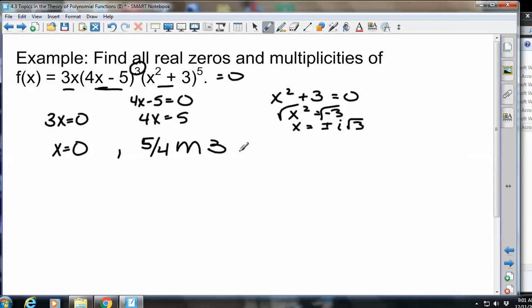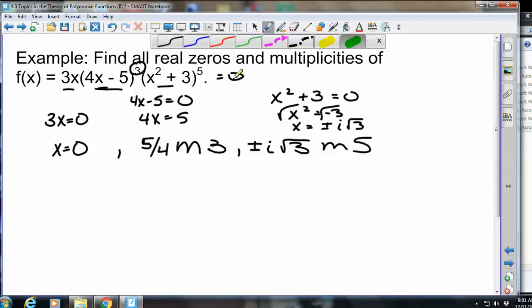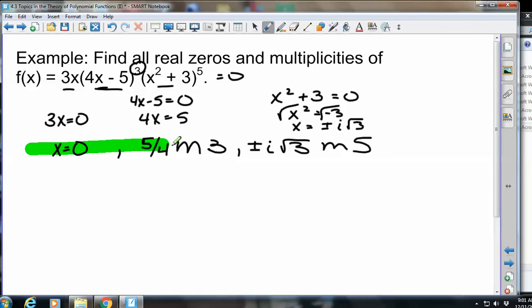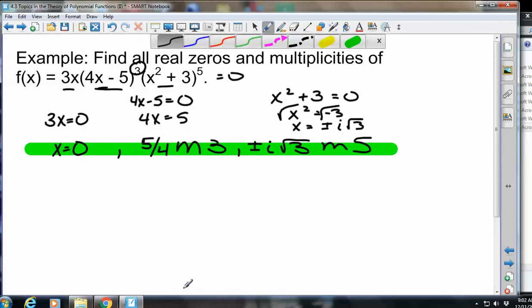So what does that mean? Plus or minus i radical 3, multiplicity 5. So we also do negative i radical 3? I put the plus and minus, but if you did them separately, yes, you put i radical 3, multiplicity 5, and negative i radical 3, multiplicity 5.